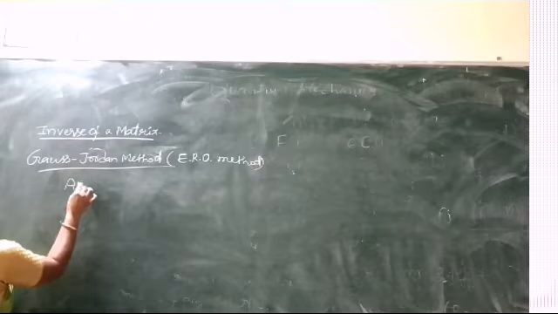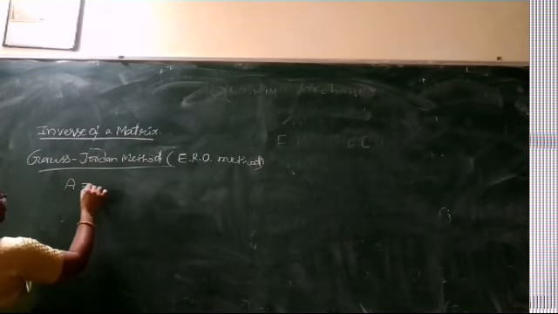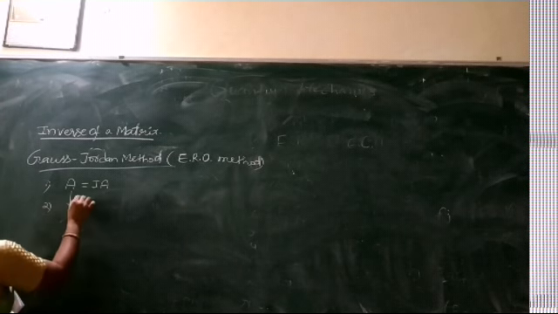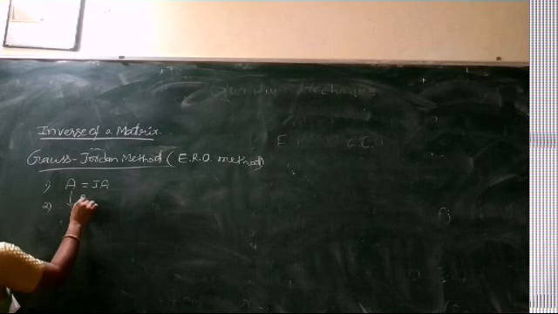Let me discuss the method first. Suppose that we are given a matrix A. What we do, first we write this A in the form A is equal to I into A. That is our first step. In the next step, we choose a sequence of row operations.